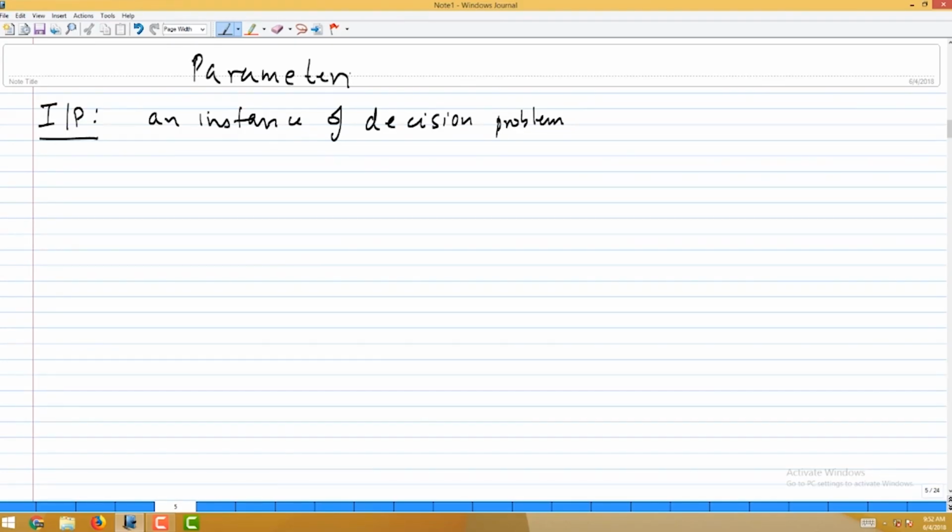So the input is a general instance of a decision problem, and along with that you're also given a parameter, some p.